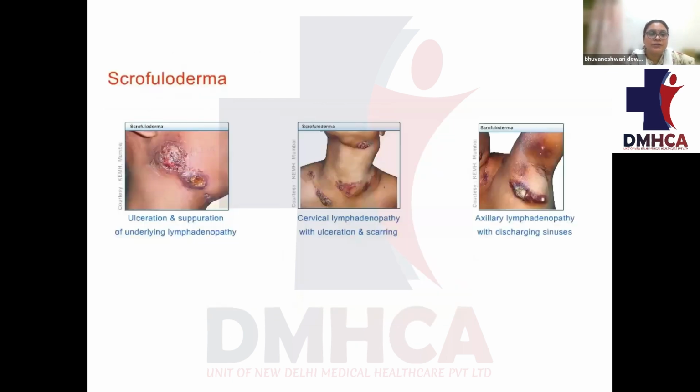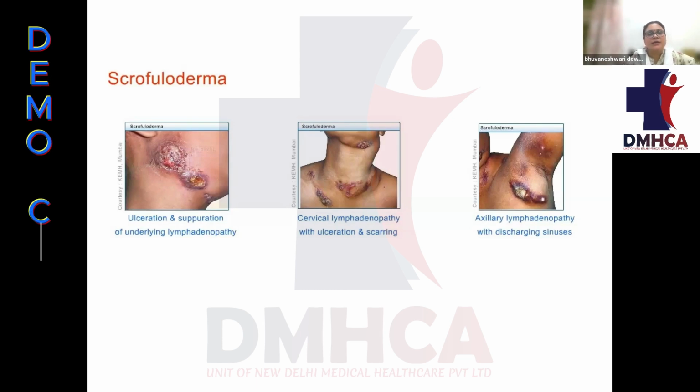Ulceration and suppuration of the underlying lymphadenopathy, cervical lymphadenopathy with ulceration, we can see in the second photograph. The third one is scrofuloderma affecting the axilla, with involvement of axillary lymphadenopathy with discharging sinuses.